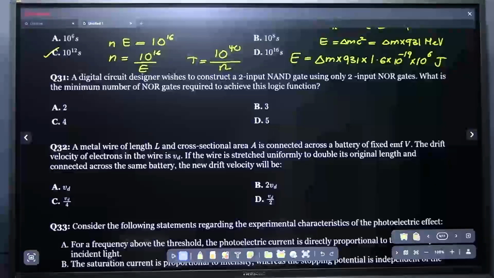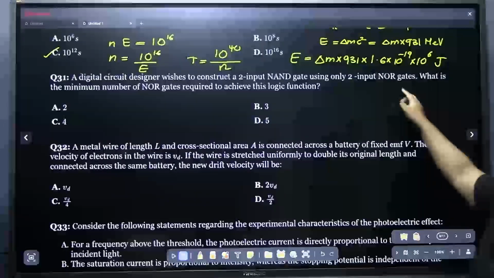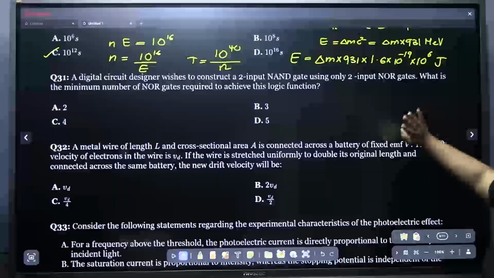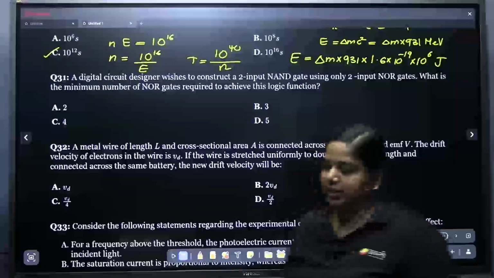Next one, a digital circuit designer wishes to construct 2-input NAND using 2-input NOR gates. What is the minimum number of NOR gates required to achieve this logic?